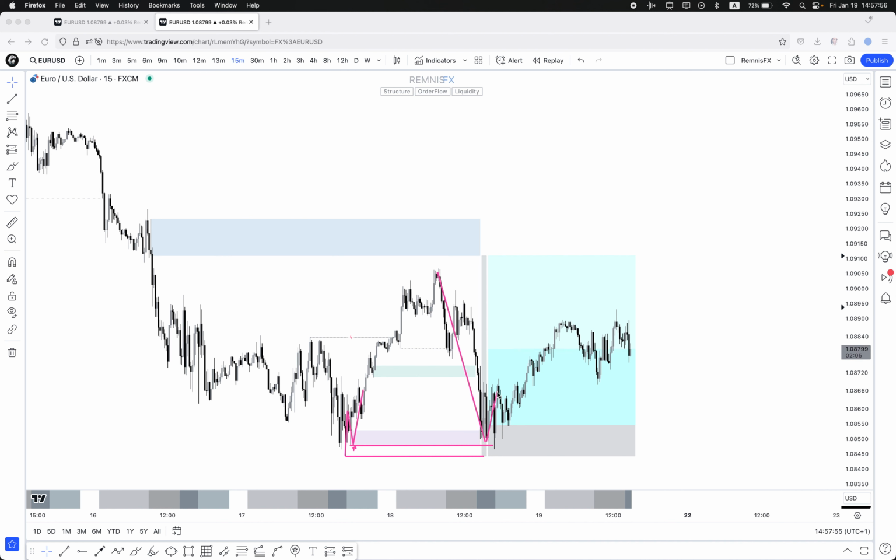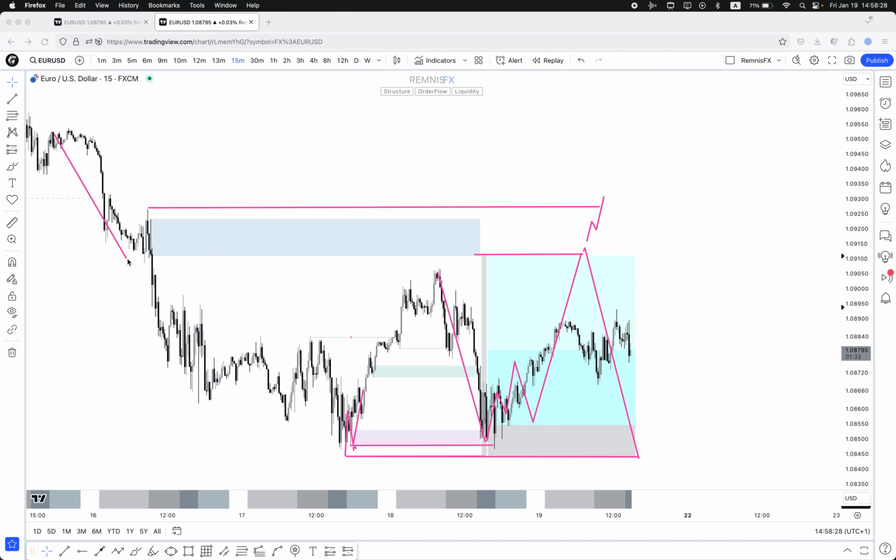So I saw an opportunity to buy at least until here, and then if we can see any kind of reaction, by simply following our rules, strategies, concepts and system, I will look for a sell position at least until here. Obviously the price may go a little higher to take out this liquidity point.